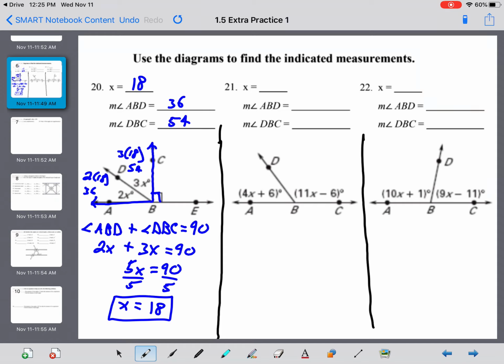Okay, this time we have angle ABD, and again DBC, but they generate a straight line, which means they equal 180 degrees. Okay, we're going to try and save some room. So 4x plus 6 plus 11x minus 6 equals 180.